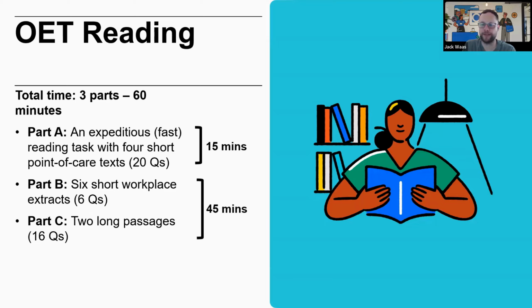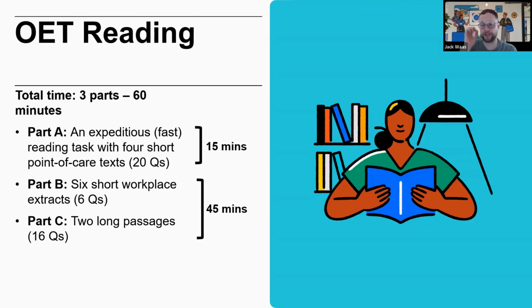In part B, you see 6 short extracts from workplace texts, perhaps an email from a manager or a policy document or guidelines, with 1 question per text. And in part C, there are 2 long passages similar to journal articles or texts you would read as part of your professional development as a healthcare professional.